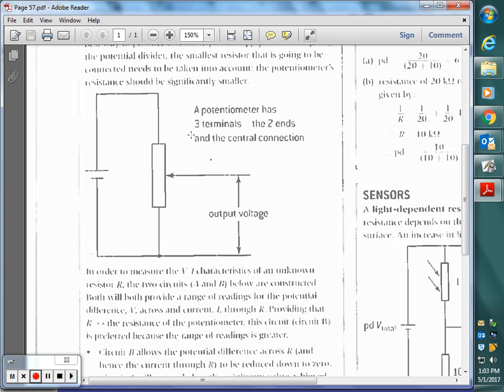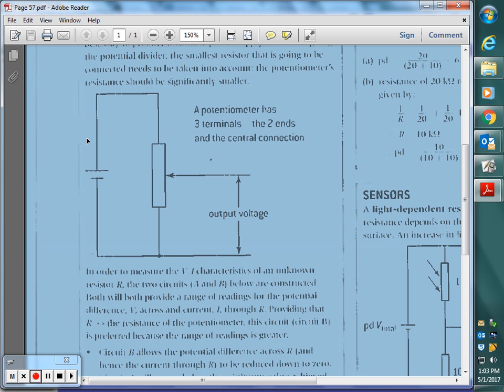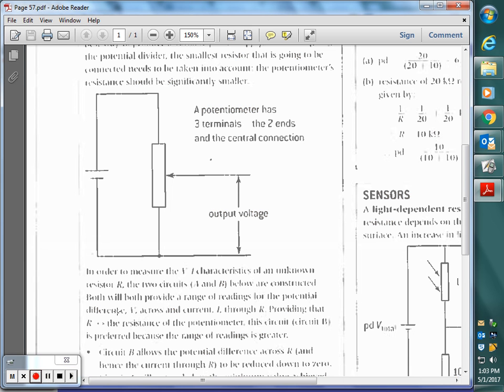But you can also prevent current from flowing through that section and just flow through here. So that's what the potential divider allows.